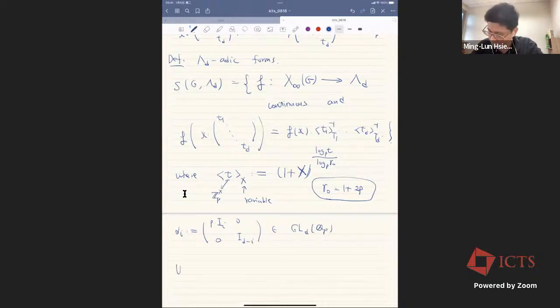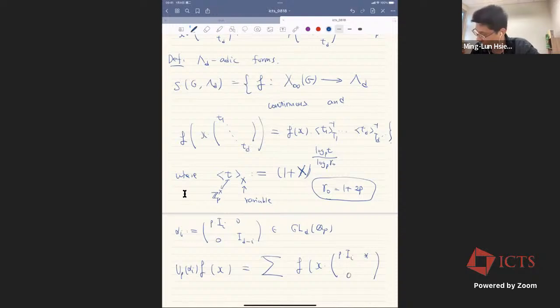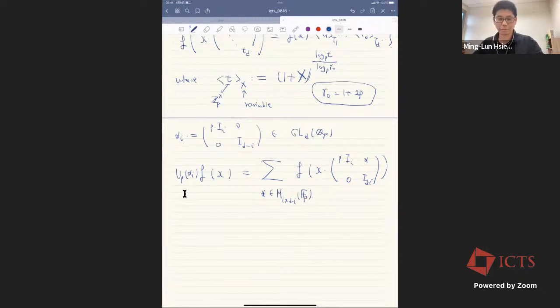And I define the U_p operator associated with this α_i acting on f as the sum of x times the block matrix (p·I_i, star; 0, I_{D-i}), where star runs over i by D-i matrices with coefficients in F_p, for f in S(G,Λ_D).